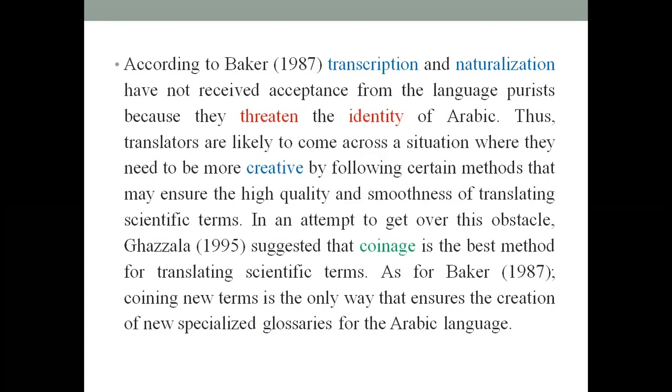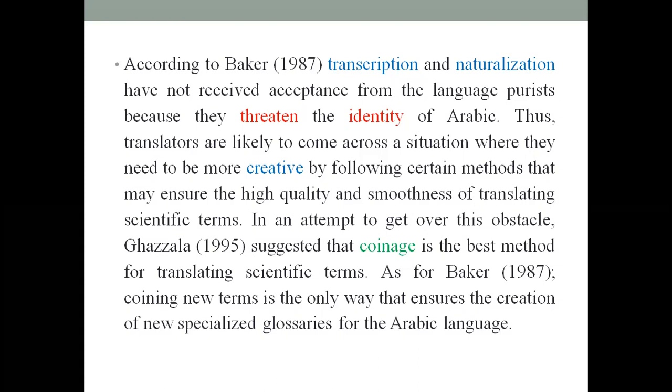Actually, to address this problem threatening the identity of the Arabic language, Ghazala suggested adopting another strategy, which is coinage, or new coinage. Coinage means invention.